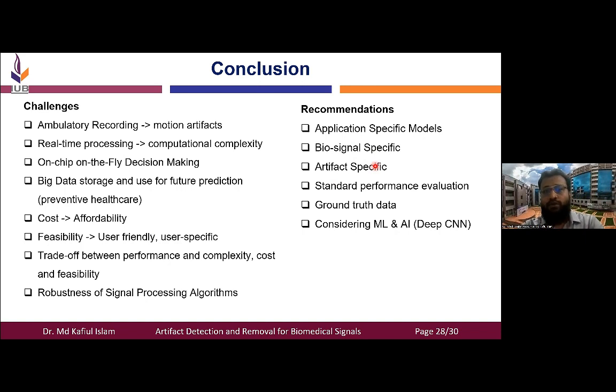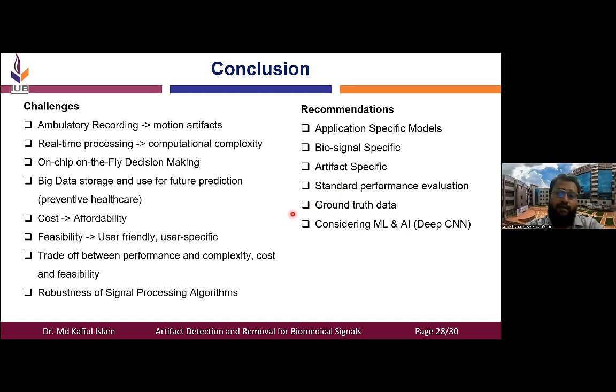You only remove those artifacts that are going to hamper your signal. Otherwise, you don't need to remove all types of artifacts every time if they are not hampering your signals or decision making. You should also have some standard performance evaluation so that others can compare with their methods.